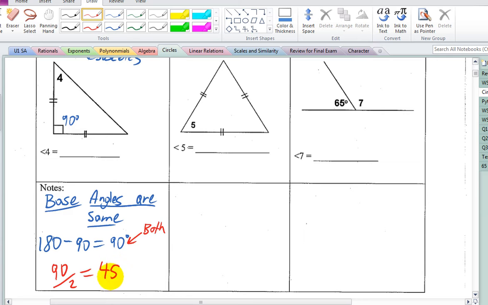That's 45 degrees. So the top is 45 degrees and the bottom is 45 degrees. Okay. So you take your total minus the top, and then you divide it by 2.